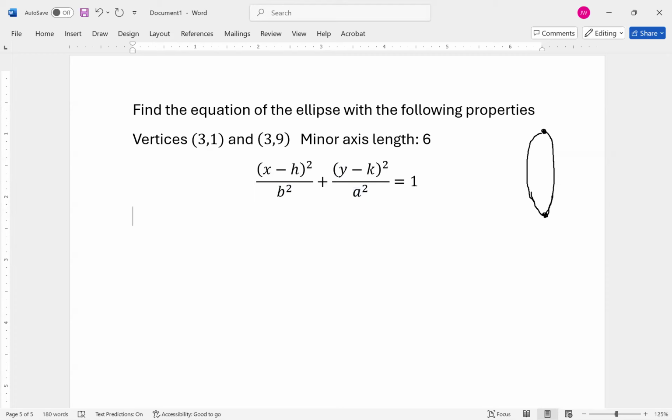Now, vertices being at (3, 1) and (3, 9) means that right in between, the midpoint of those two vertices should be the center. Halfway between 1 and 9, I would take 1 plus 9 and then divide that by 2 and get 5. So the center is at the point (3, 5).